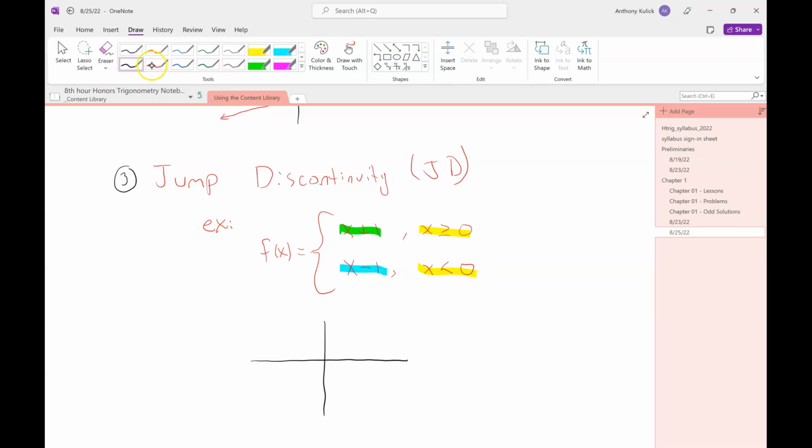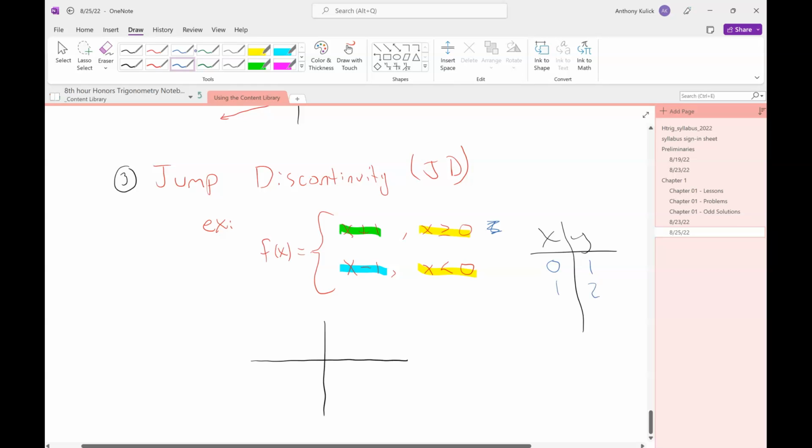So when I make my XY table, I got to use 0 as one of my values. Any other value from x greater than 0 is fine, so maybe I'll just pick 1. So I have the point 0, 1 and the point 1, 2. So that's that part of my graph.